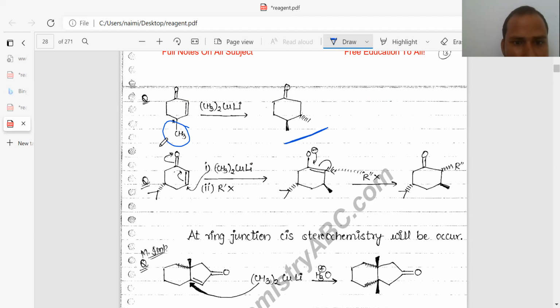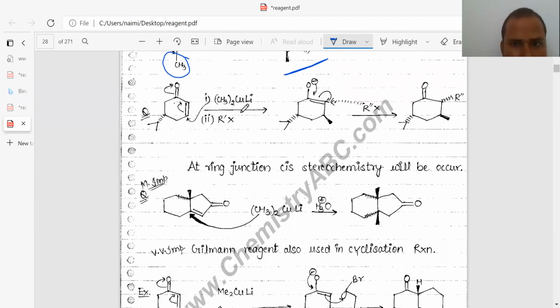Similarly, you can see this one, and this Gilman reagent will attack on the wedge. After that, this charge density will be present here because this charge shifted onto the oxygen atom.